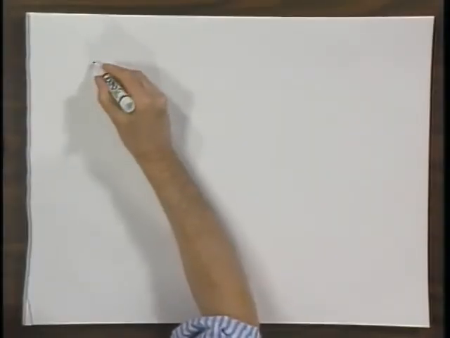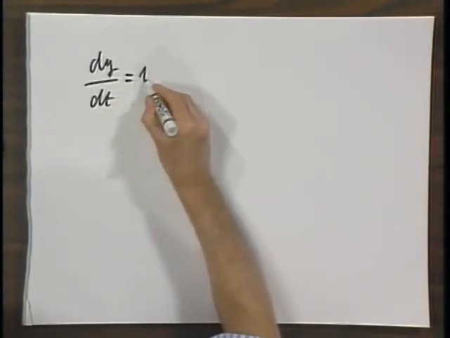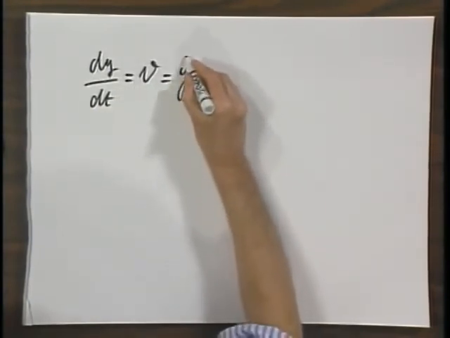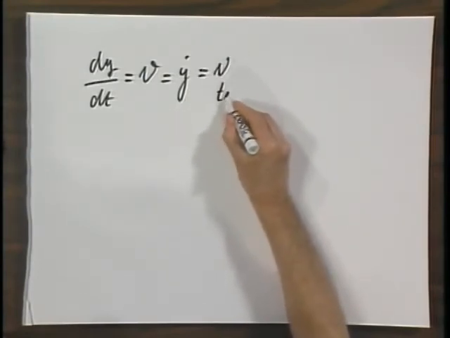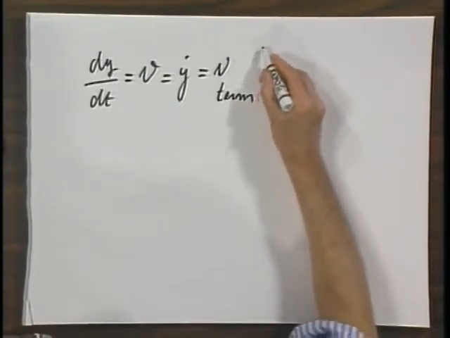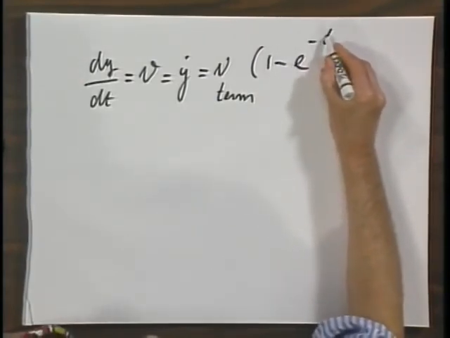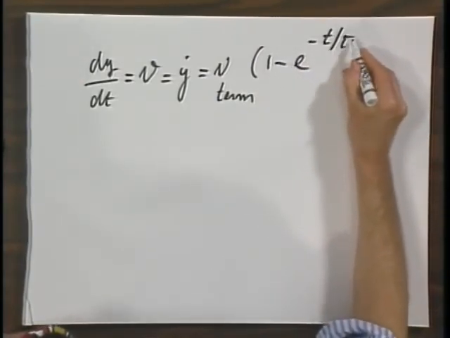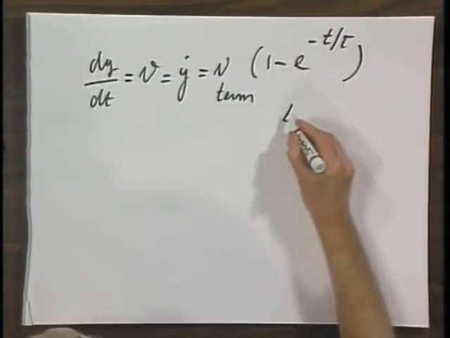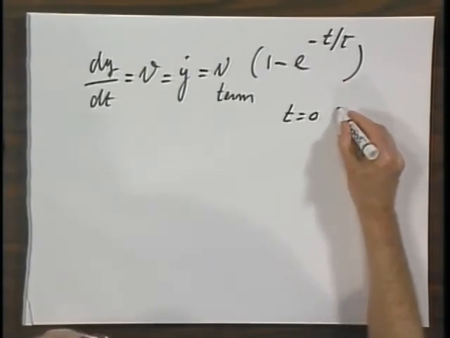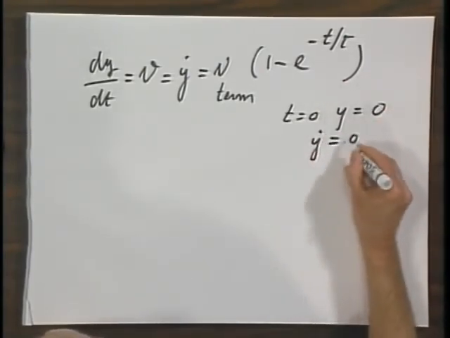The velocity as a function of time, dy dt, for which we wrote v, for which we have written y dot, has the form terminal velocity times 1 minus e to the power minus t over tau. And at t equals 0, we have to be at y equals 0, and the speed is 0.